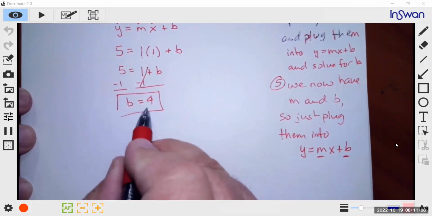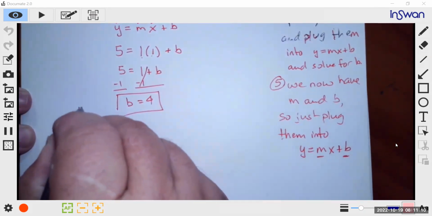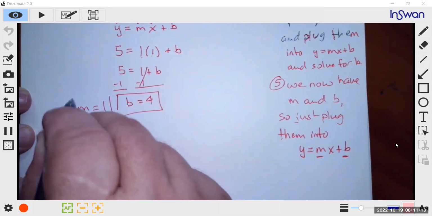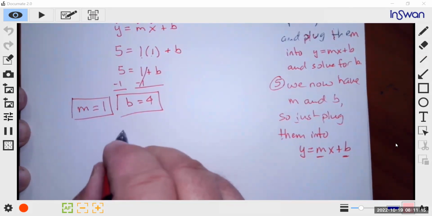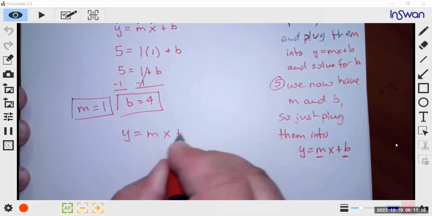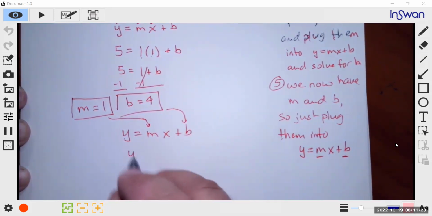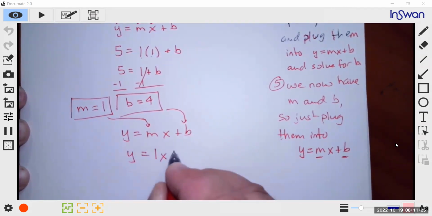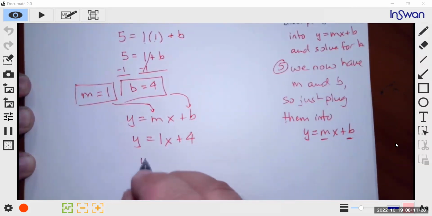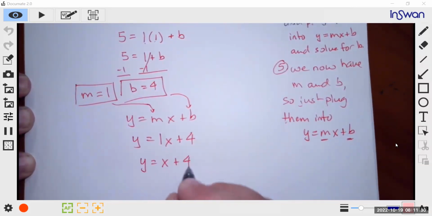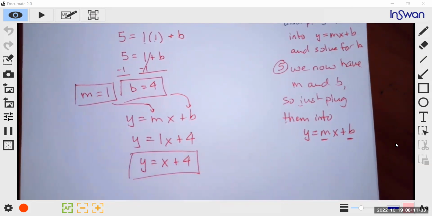So we have b equals 4. We have m equals 1 from above. Just plug those in here. And then you have your equation. So those are the steps of finding the equation of a line. Want to do another one?